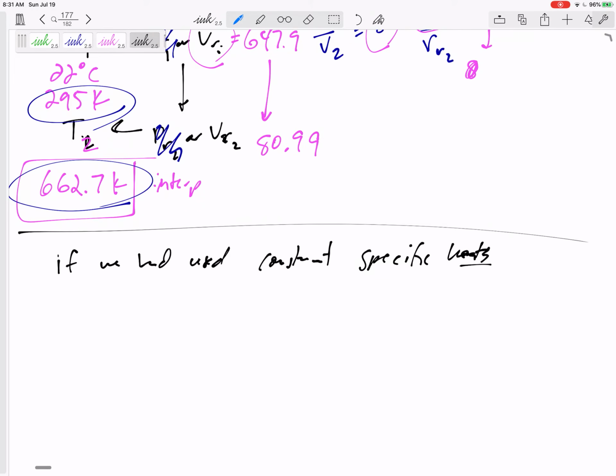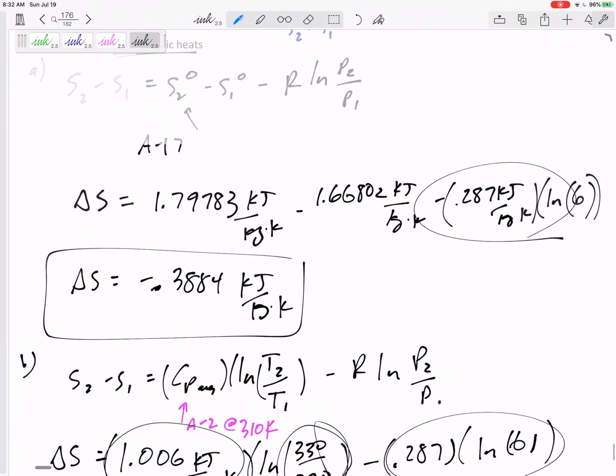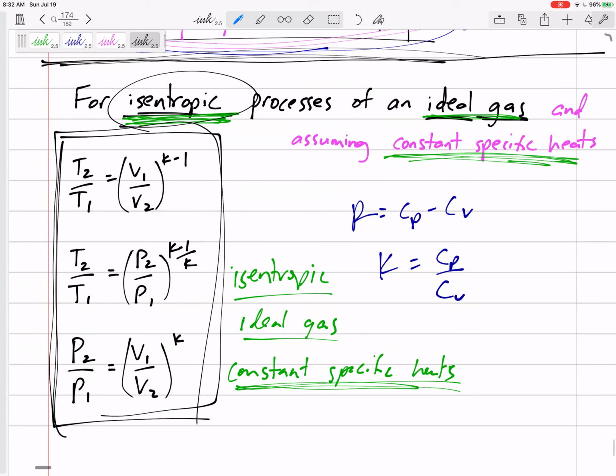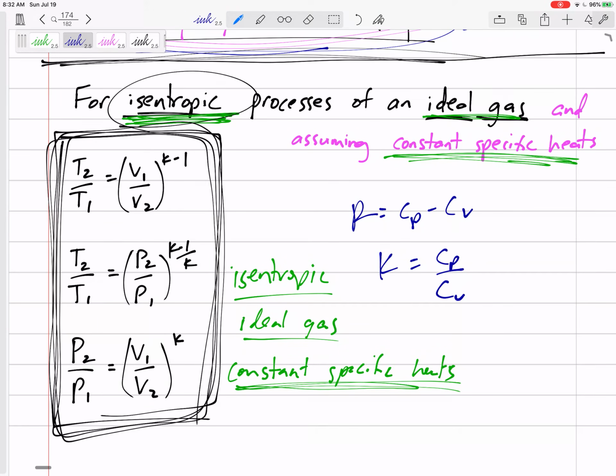All right, we have some equations here for ideal gas using constant specific heats. We have these three equations right here for an isentropic, ideal gas, constant specific heats. I know the ratio of volumes, so probably the top equation or the bottom equation.